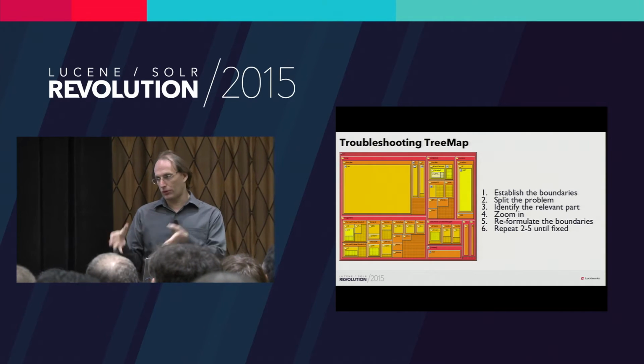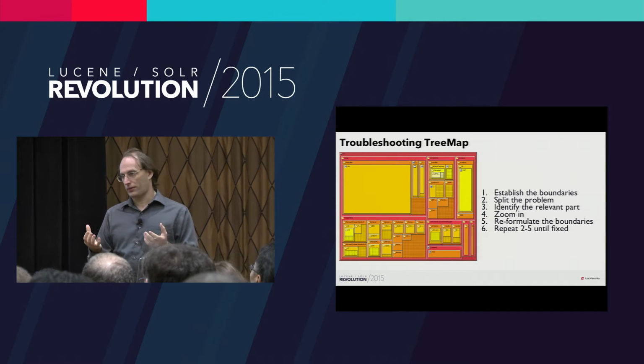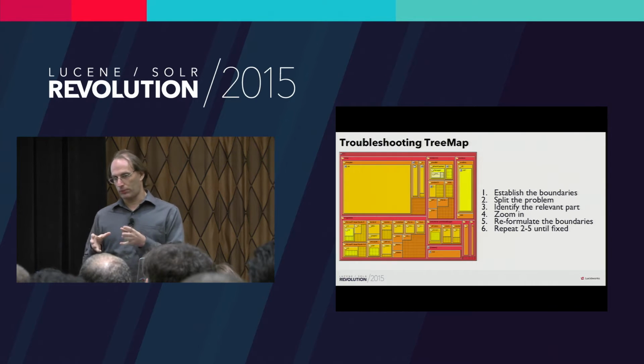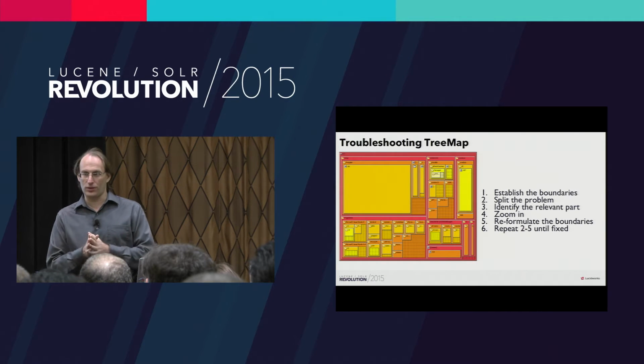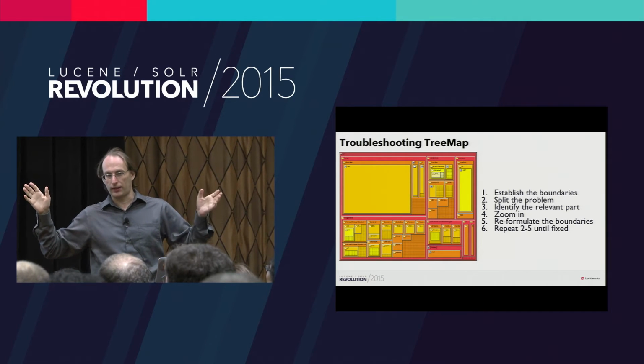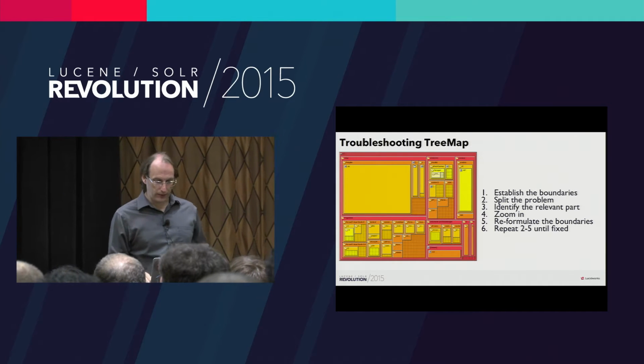Then you zoom into this part, and that's your new boundaries. You do this process again and again until you get to the point where you know what's happening. You're not just looking at it from a very high view and saying somewhere in there is a problem. You actually know where it is.